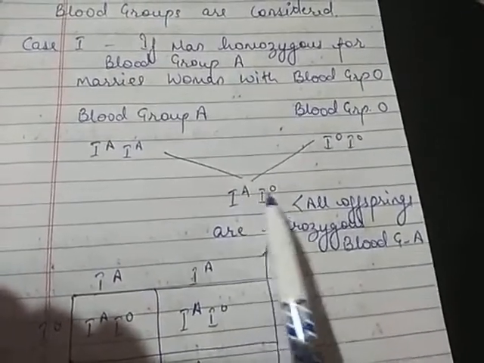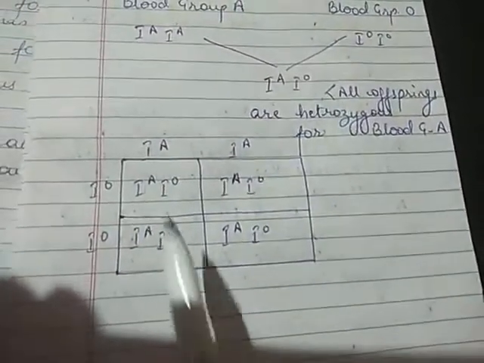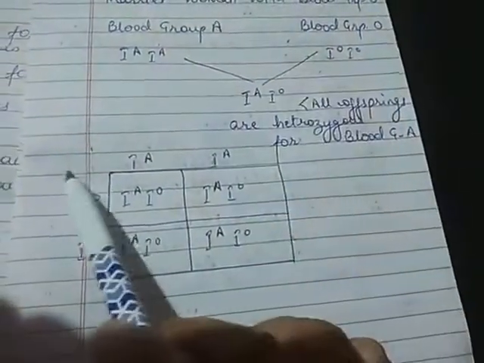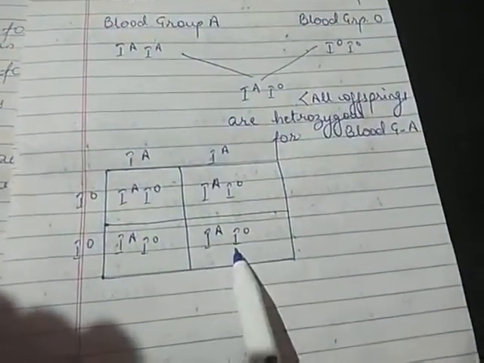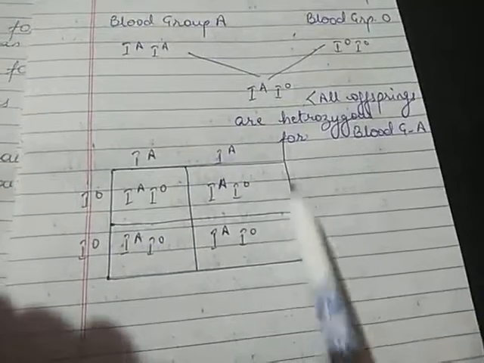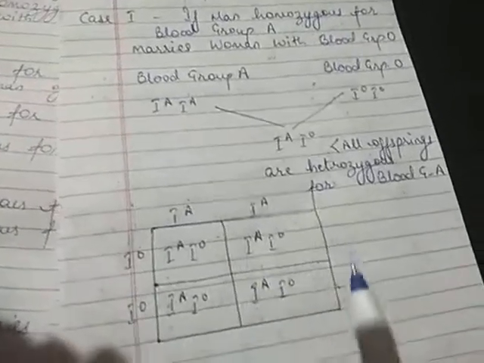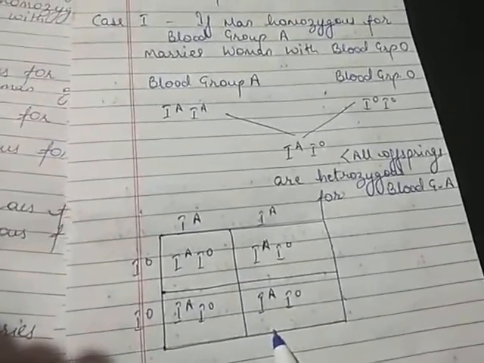Because it is IA and IO. If you make a Punnett square, you go like this. Suppose you keep this one side and this one side. So you get this Punnett square, and you can easily see that all the offsprings are heterozygous for blood group A. Similarly, the other crosses which I am going to tell you, you are going to do yourself.